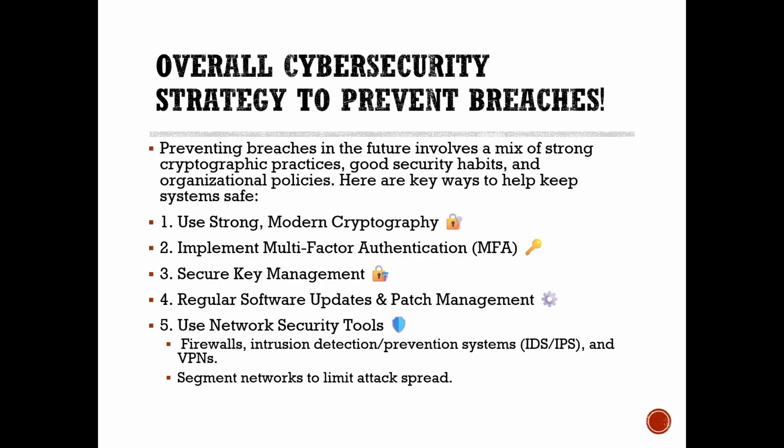Implement multi-factor authentication (MFA). 3. Use secure key management. 4. Use regular software updates and patch management. And number 5. Use network security tools like firewalls, intrusion detection or prevention systems, IDS or IPS, and VPNs. And finally, you can segment networks to limit attack spread.